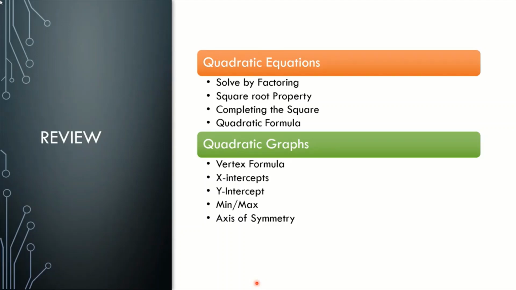If a is negative, it's facing downwards, a sad face, so that would be a max. When a is positive, that's a happy face, and the vertex is going to be on the bottom, which would be a minimum. Going straight through that vertex is the axis of symmetry, which is the vertical line x equals whatever the x coordinate is.